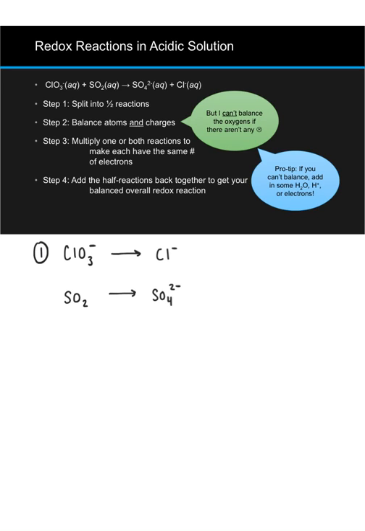So we're going to put those 2 things together. Somehow chlorate becomes chloride, and somehow sulfur dioxide becomes sulfate. In order to deal with these 2 reactions, we're going to, one by one, balance both the numbers and types of atoms, and then balance charges.